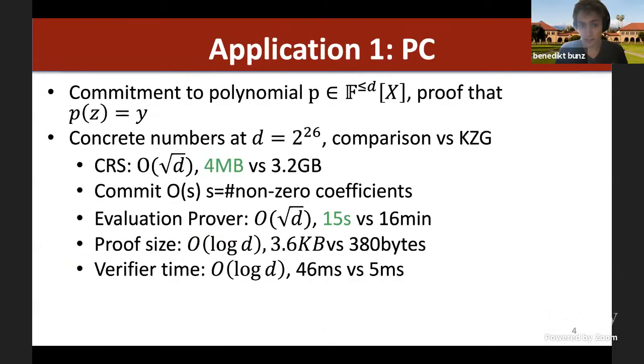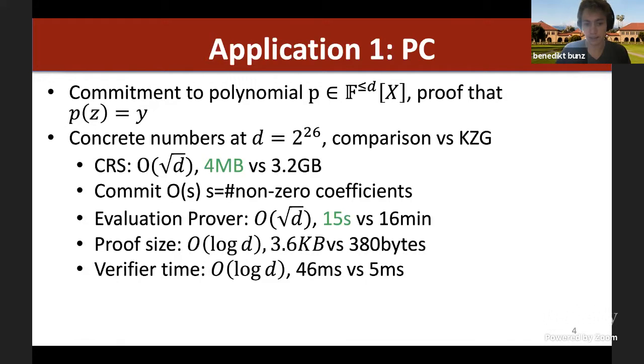The particular polynomial commitment that we build has a couple really nice properties. Here's a comparison to probably the most widely used polynomial commitment scheme, the KZG polynomial commitment scheme. The key areas in which our commitment scheme shines is that it has a much smaller reference string, which is asymptotically only square root in the degree of the polynomial.